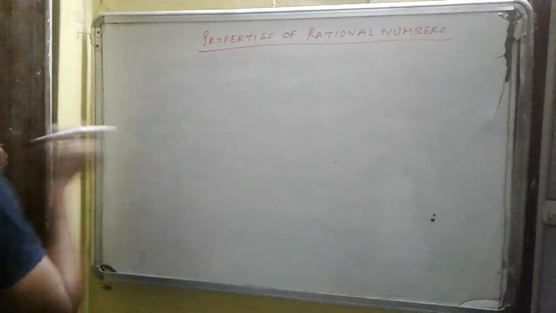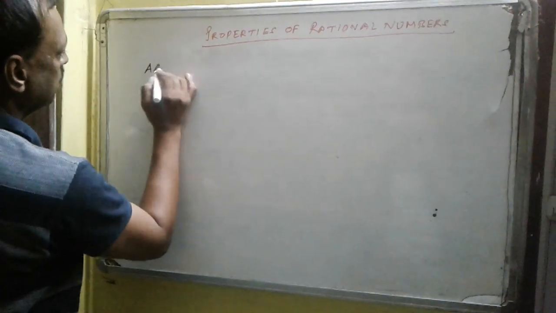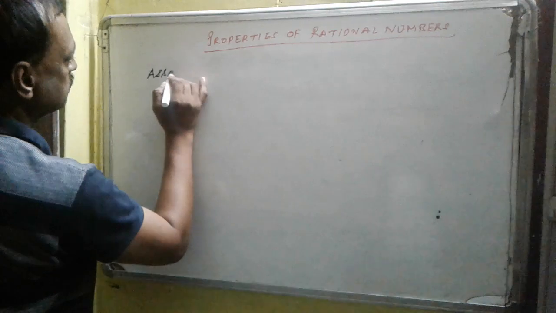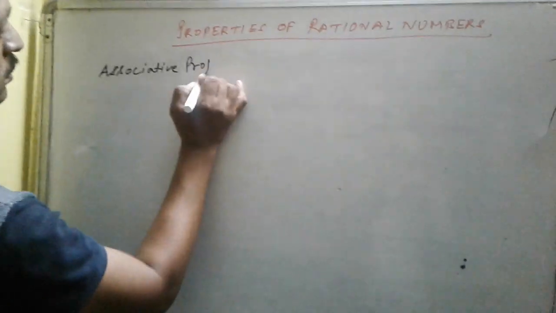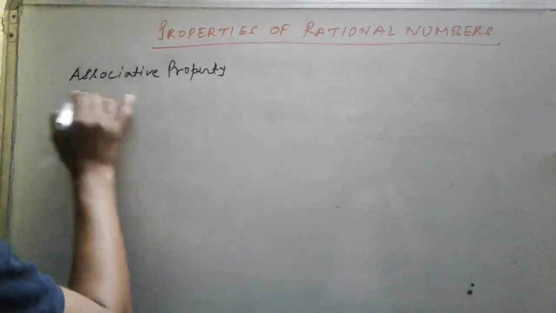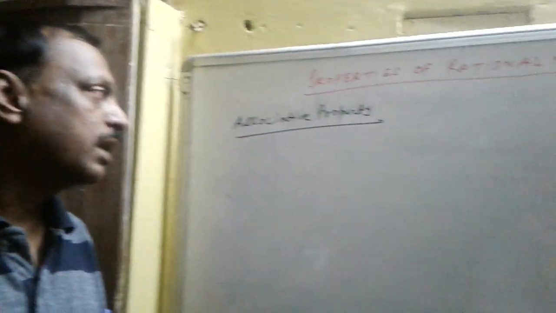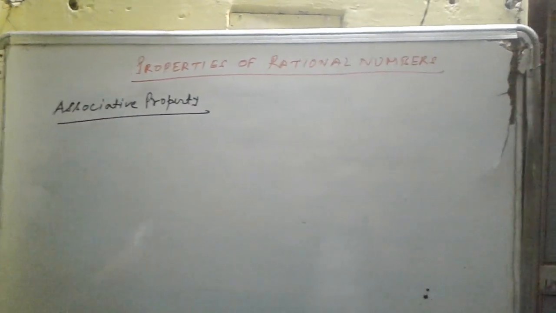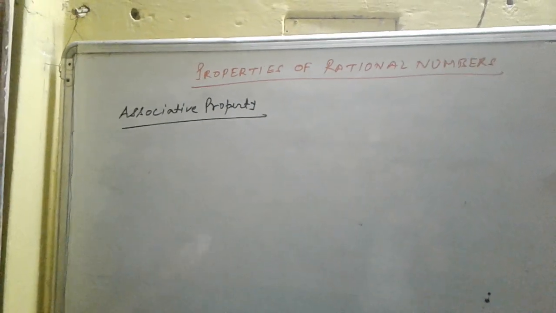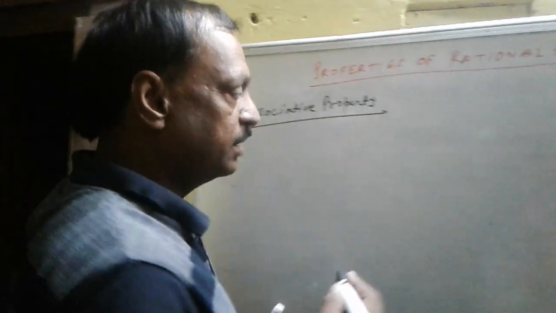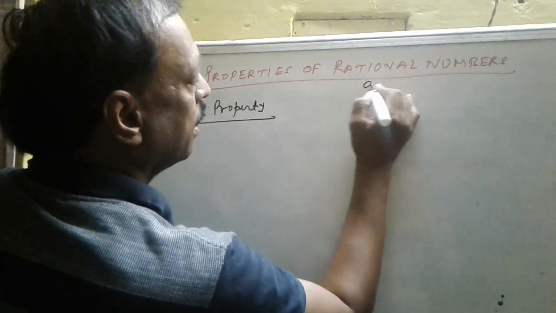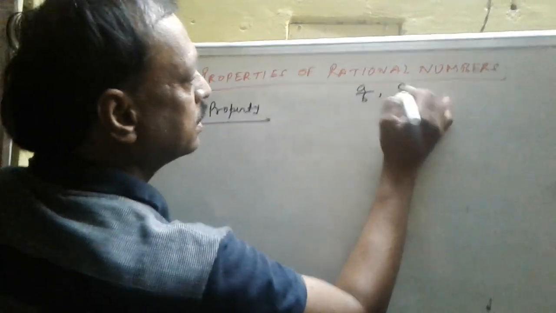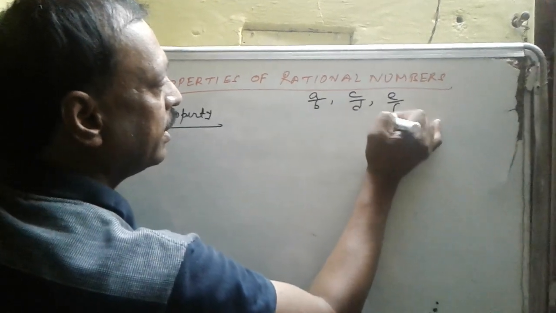So at first, we have to know how can we identify that the given numbers are in associative form. For that, suppose we are having three rational numbers like this: a by b, c by d and e by f.